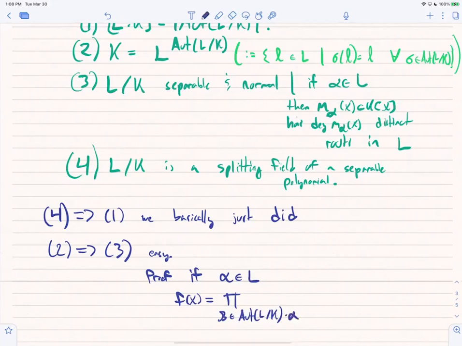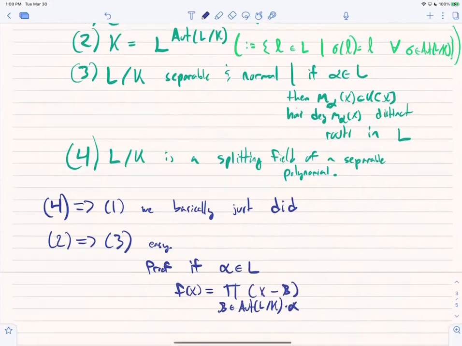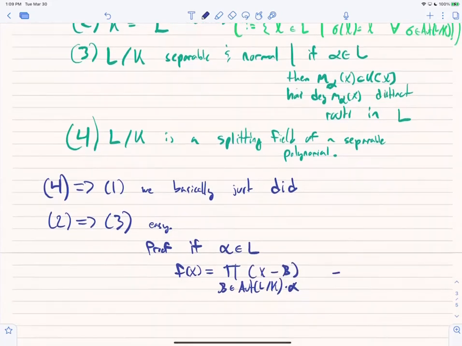The automorphism group acts, so you look at the orbit under the automorphism group, and you can check this is the minimal polynomial.